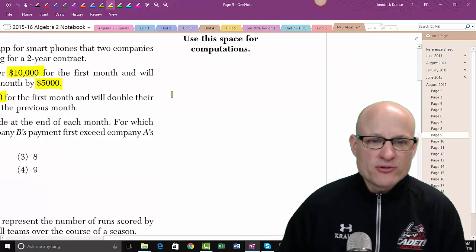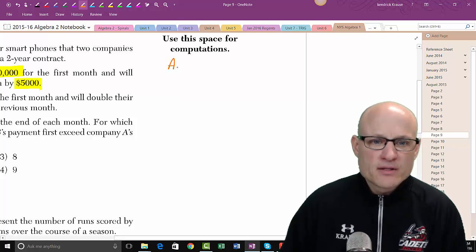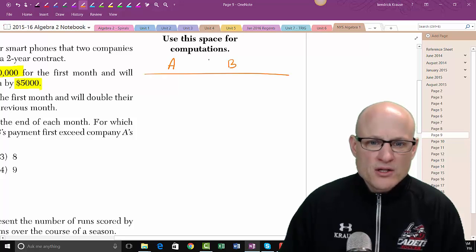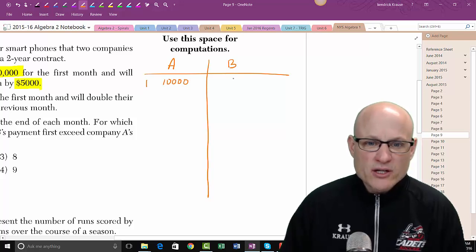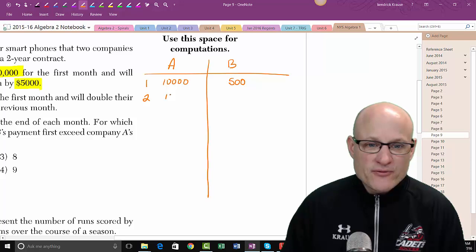So what we have to do is come over here with a little bit of work. So let's do A and B. So for A, month 1, we're going to start at $10,000. For B, we're going to start at $500. 2, this is going to go up by $5,000, so that's $15,000. And this one I'm only at $1,000.